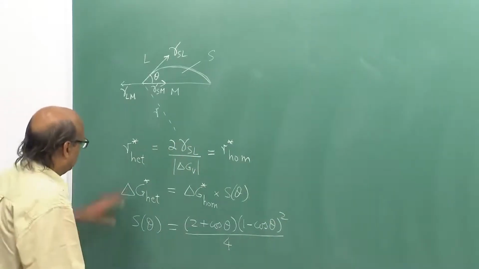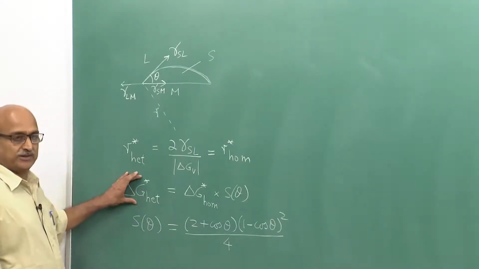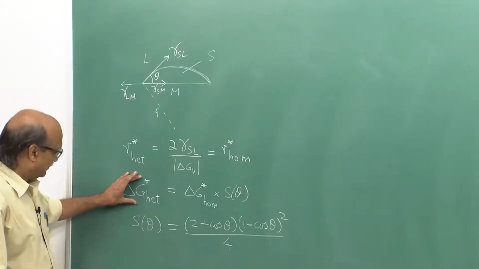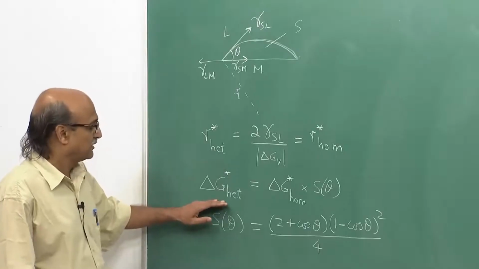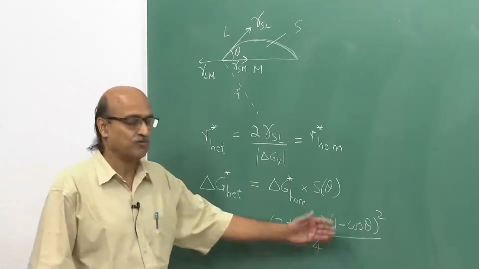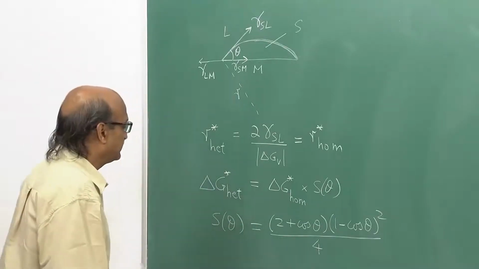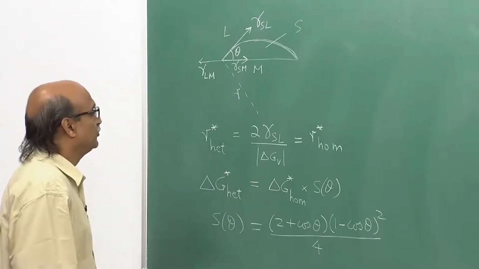So, clearly the magnitude of the energy barrier delta G star hat is going to be a very strong function of theta, and let us just quickly see a few theta values.